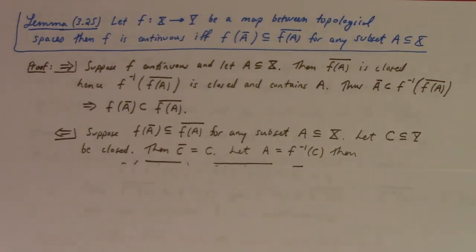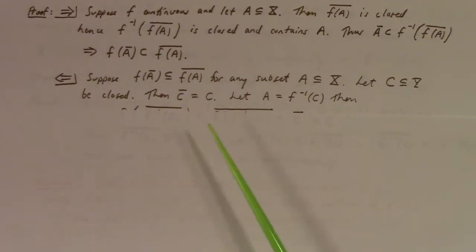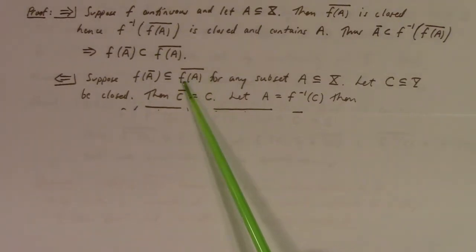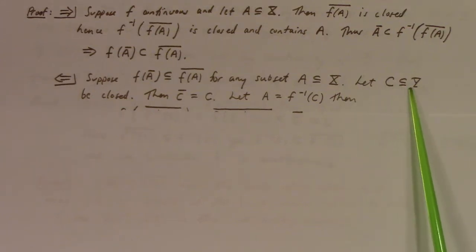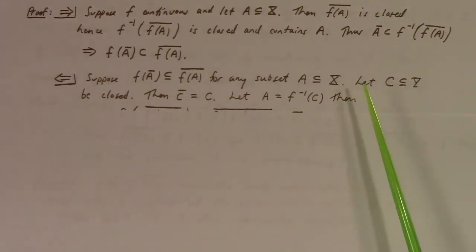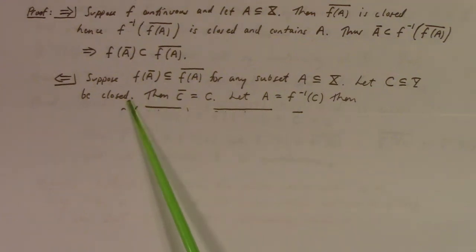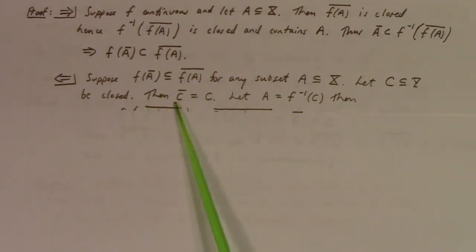And then the converse direction. If we know that the image of the closure is a subset of the closure of the image for any subset A of x, if we take C a closed subset of y, that means that C bar is equal to C, among other things.